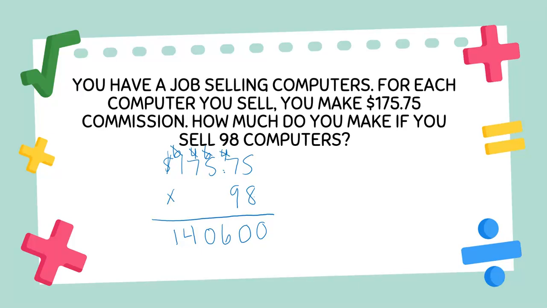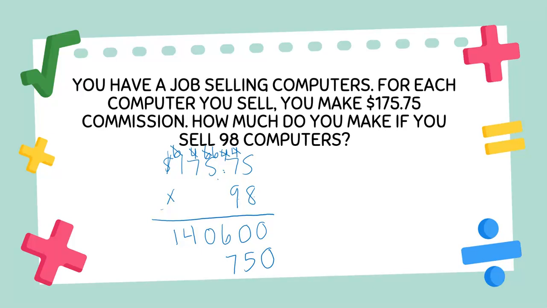Put our placeholder 0 as we move to the next place value in the tens place on the next row. Then we go on with our multiplication. 9 times 5 is 45. Put down the 5, carry the 4. 7 times 9 or 9 times 7 is 63. Plus 4 is 67. Put down the 7, carry the 6. 9 times 5 is 45.